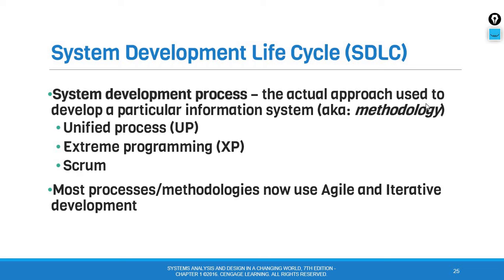The Information Systems Development Methodology is a set of comprehensive guidelines for carrying out all the activities of each core process of the SDLC. Later in this course, we will talk about the Unified Process, Extreme Programming, and Scrum. Most processes or methodologies now use Agile and Iterative Development.